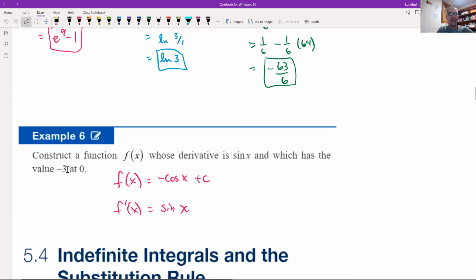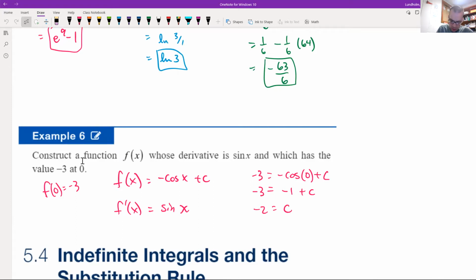And then if we say f of 0 is equal to -3. So we go -3 is equal to minus cosine of 0 plus c. So -3 equals -1 plus c. And then that's -2 equals c.